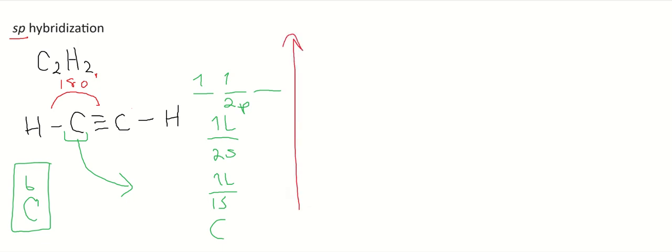We're going to put this right in between the 2 here because it's going to have equal S character and P character because we're simply mixing them in a 1-to-1 ratio. All right, so these are known as your sp orbitals. And the remaining 2p orbitals, we're just going to write them just the way they are. So those are your 2p orbitals, unchanged, unmixed.